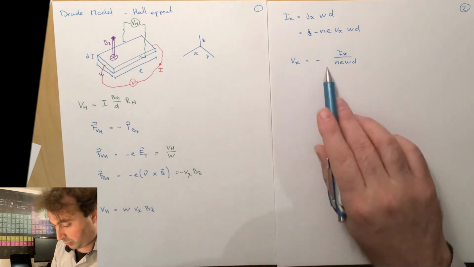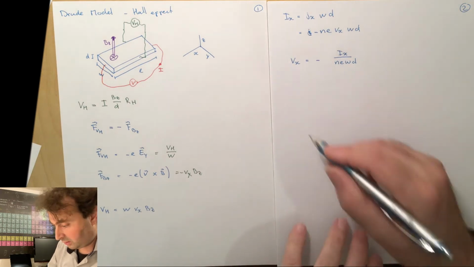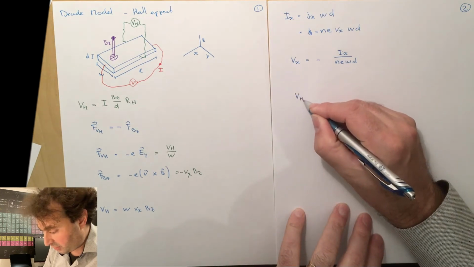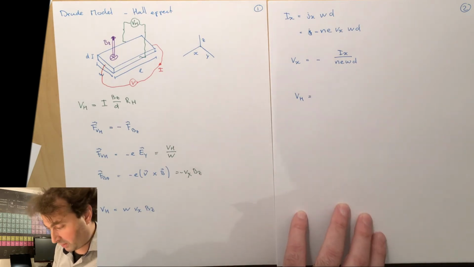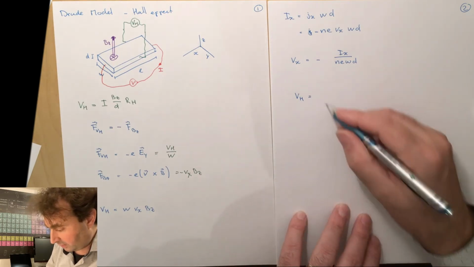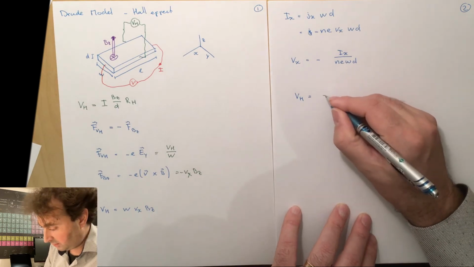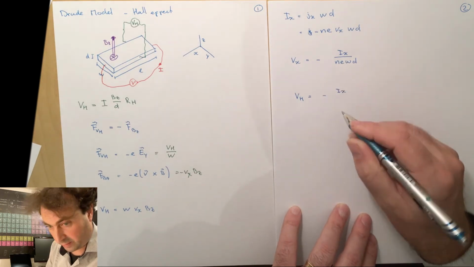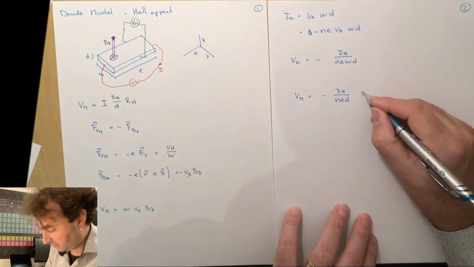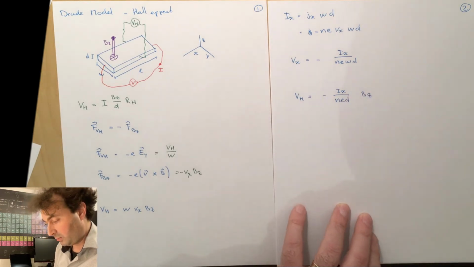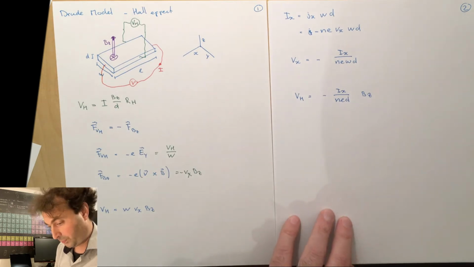We can now put this into the expression for the Hall voltage, and we find the width drops out, so that we have minus I_x divided by n e d times the magnetic field in the z direction.